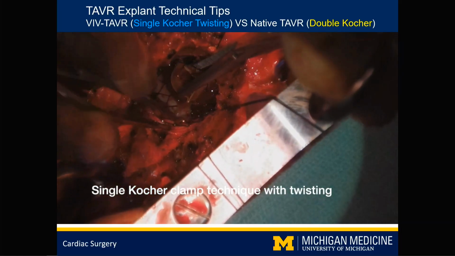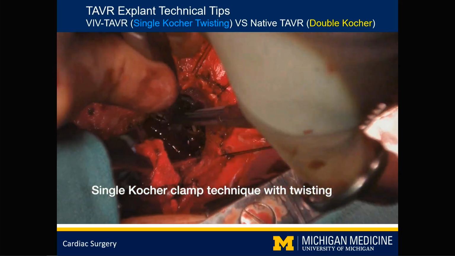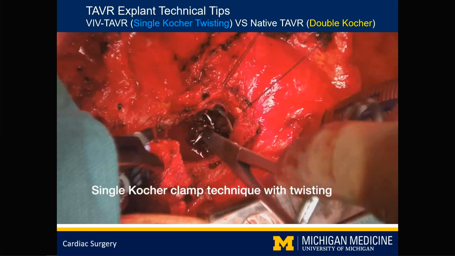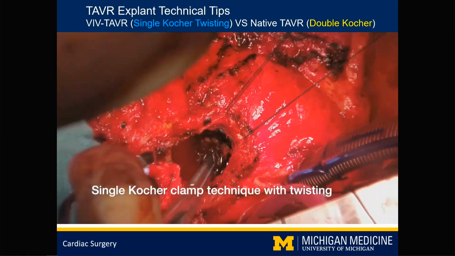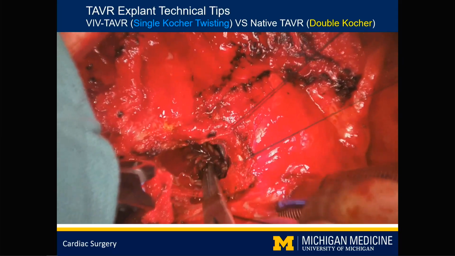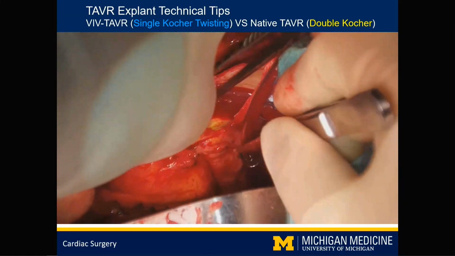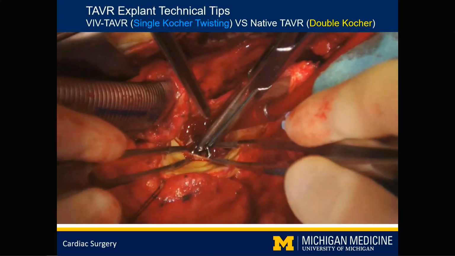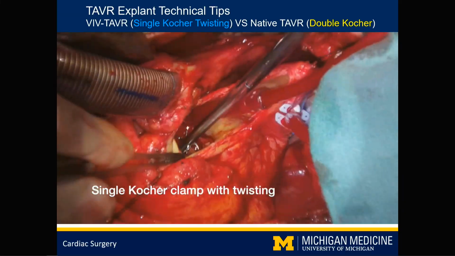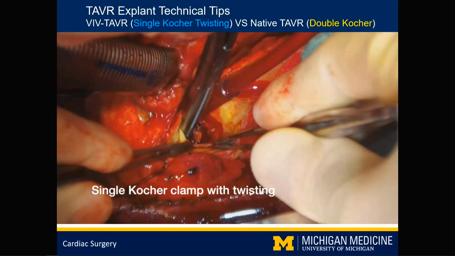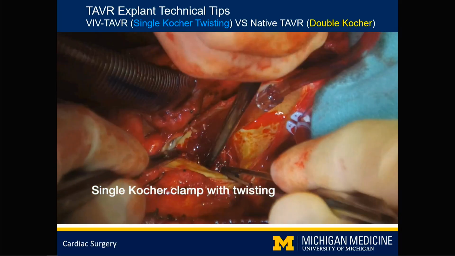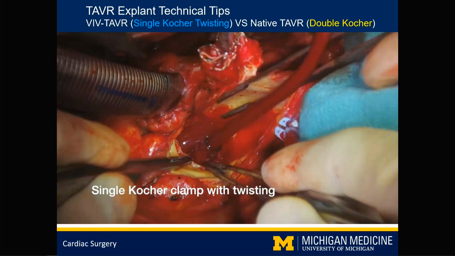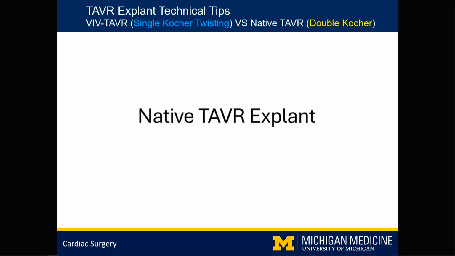All we do is take a cochlear clamp and just twist, and it will come out. It's barely adherent to anything in most cases. And this is a SAPIEN, same thing: take a cochlear clamp, twist, and it will come out, usually in less than 10 seconds.